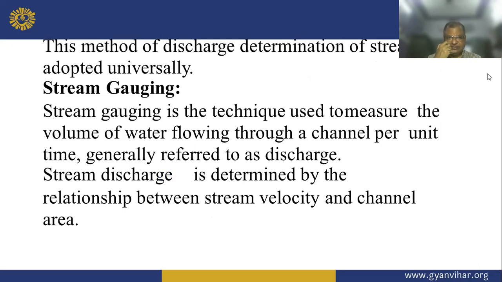Stream gauging is the technique of measuring the volume of water flowing through a channel per unit time, generally referred to as discharge or stream discharge. It is determined by the relationship between stream velocity and channel area.